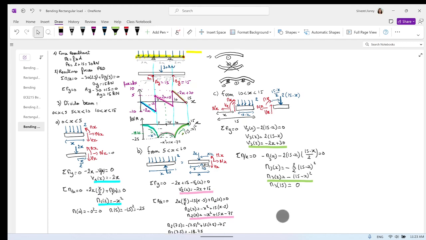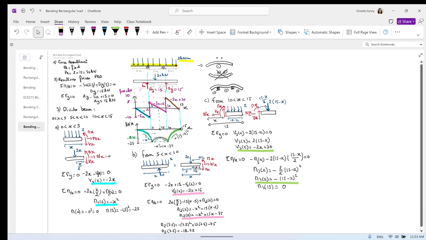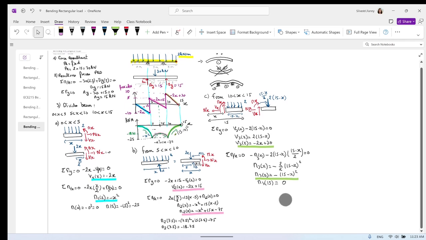Otherwise, it's not correct. And what we can see, and it's usually the case, is that the largest shearing force and the largest bending moment are at the point of contact where you have the connection. It's either where you apply an external load, or where there is a reaction force.